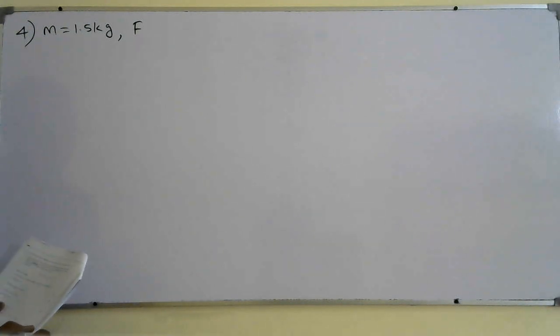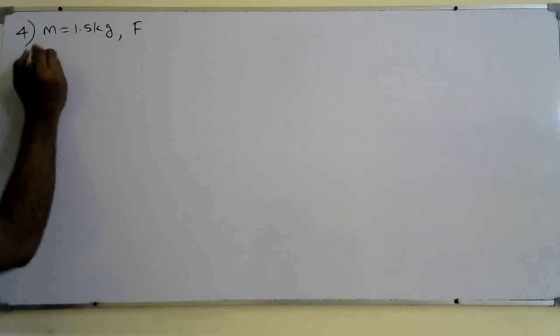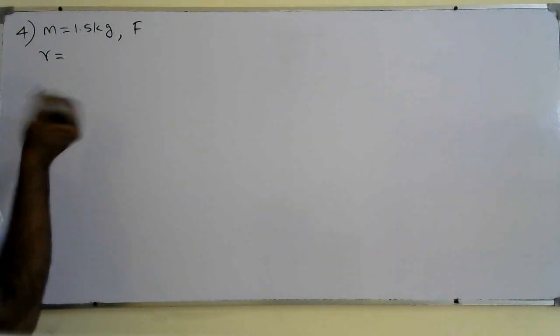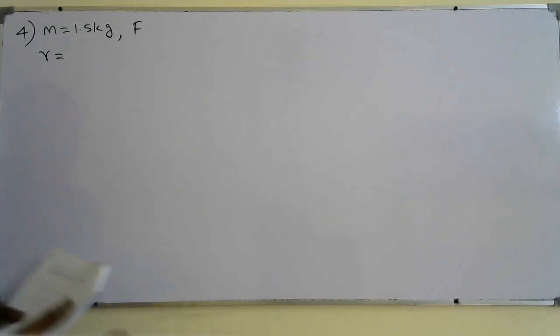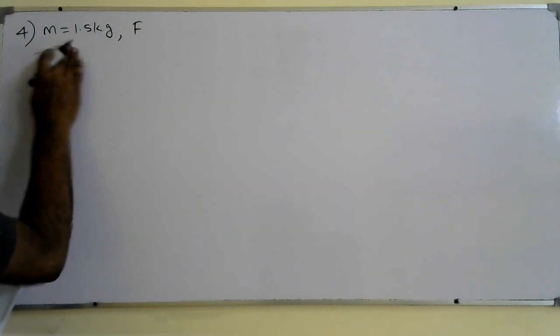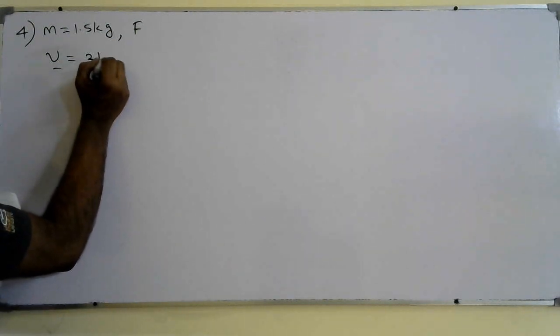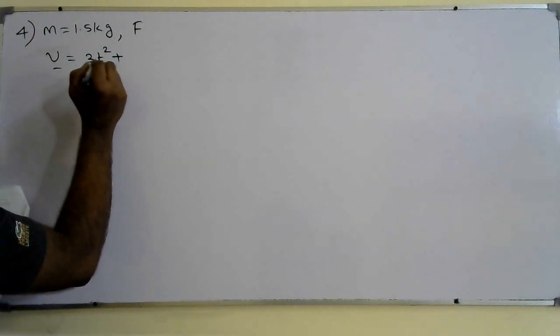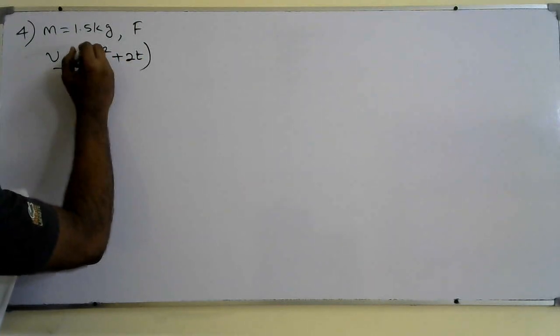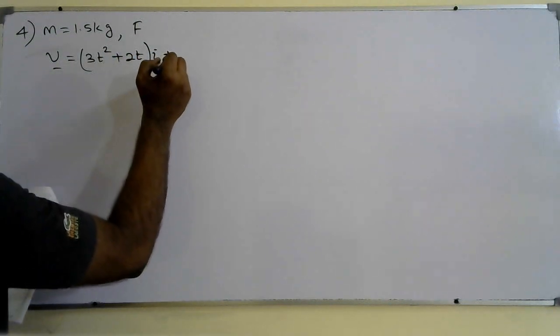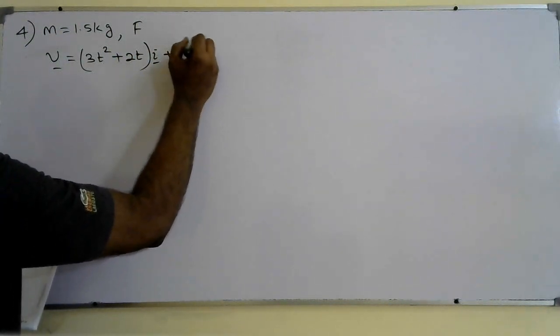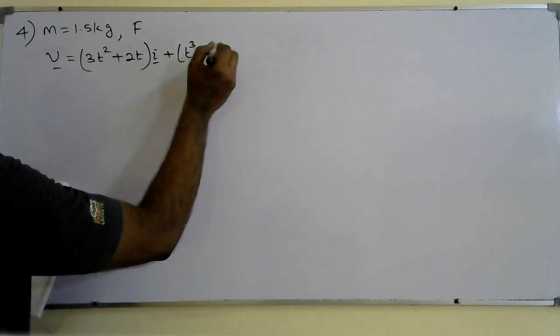The position vector of Q relative to a fixed point O is denoted by R, which is not given, but the velocity vector V is given by 3t squared plus 2t i plus t cubed plus kt j.